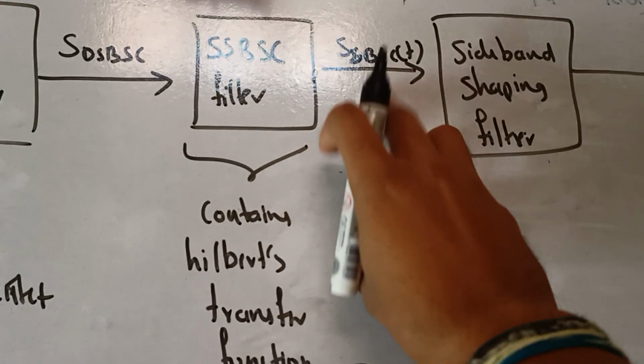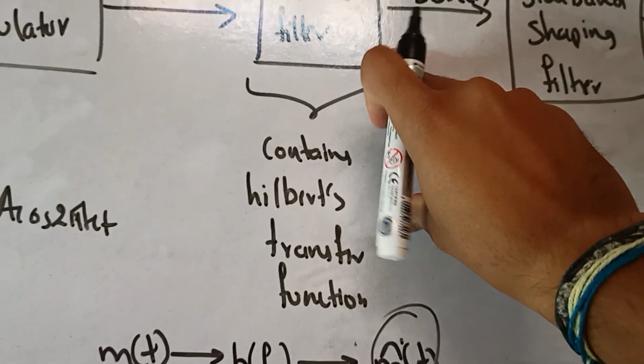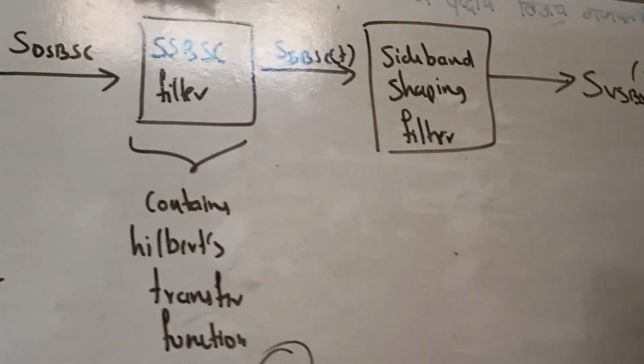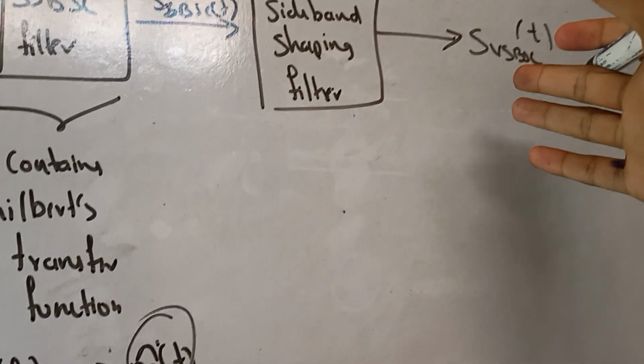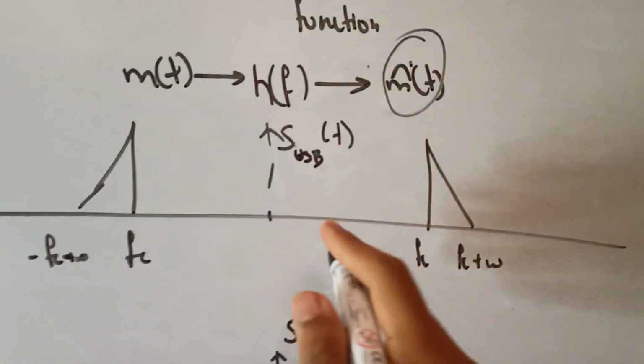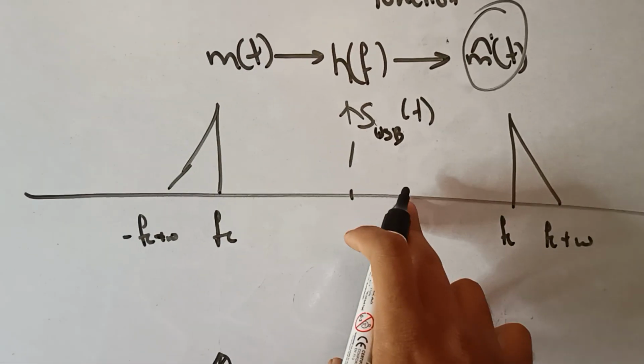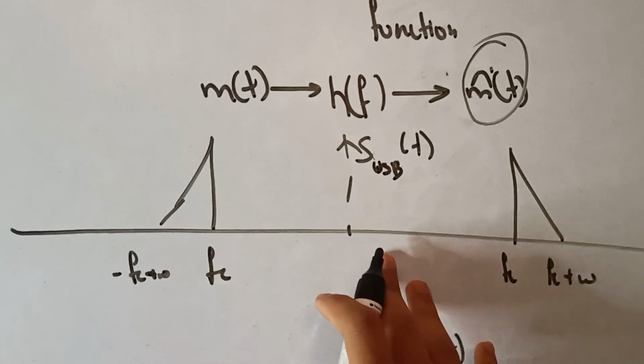Now this SSBSC signal, whatever we are getting from this SSBSC filter, we are going to further send to the sideband shaping filter so that we can get the S of VSBSC T. In the sideband shaping filter, I have taken the example of the USB, that is the upper sideband filter.